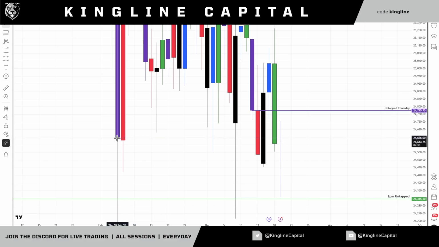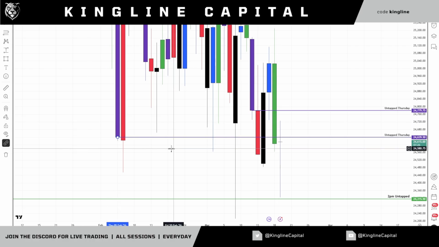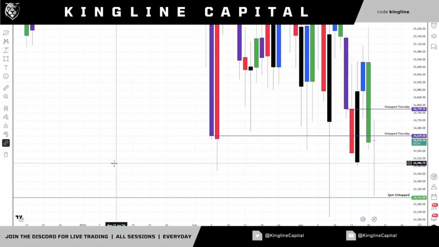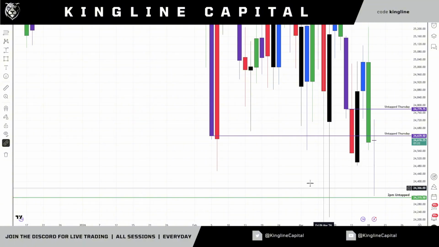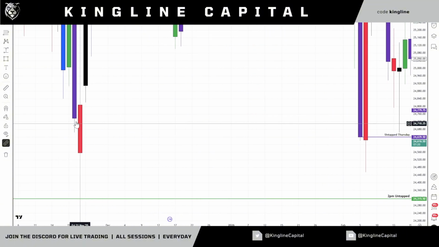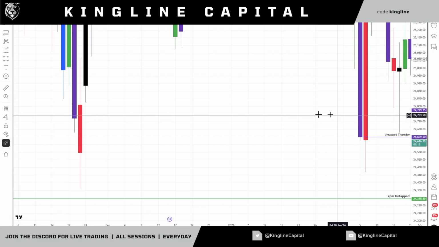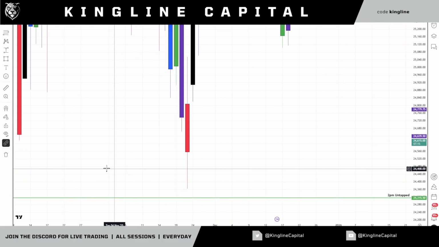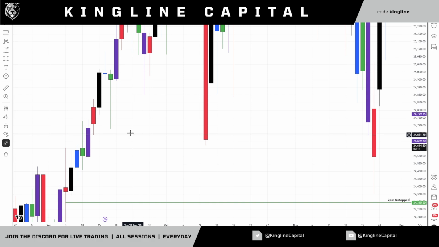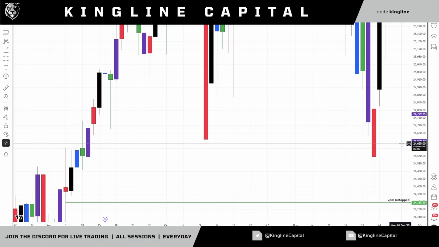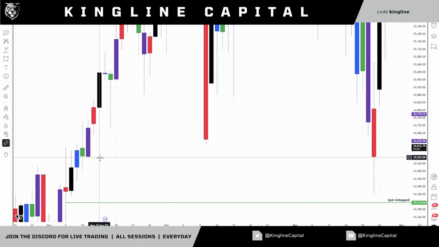Have any Thursdays tapped this level? No, this one came close but did not tap it. Mark it. Okay, now I got to go back because we do have a lot of daily structure down here. Okay, this level, oh, this Thursday hit this level. Okay, so that's already tapped. Okay, this level, oh, this Thursday already hit this level, and that other Thursday did again. So let's mark this one and see.